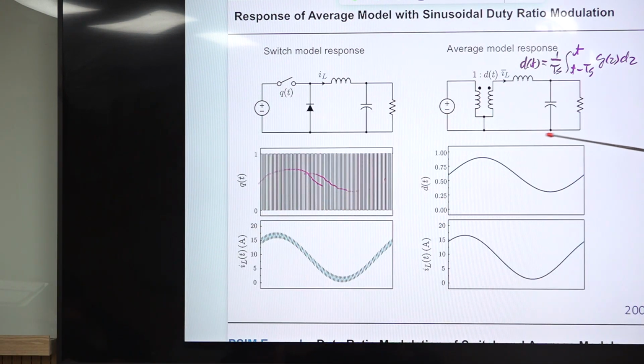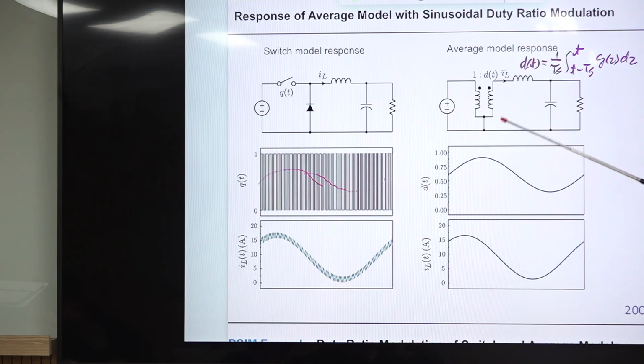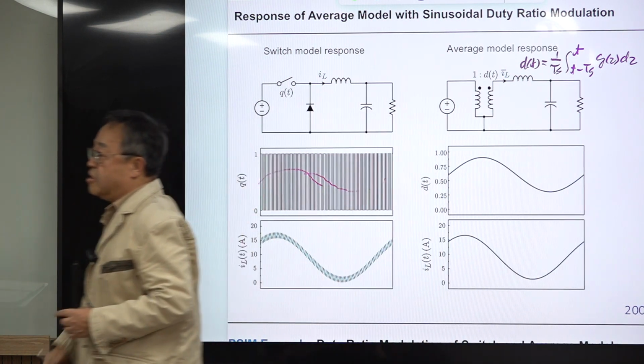And this is the average model. The average model has the same structure, but this PWM switch is replaced with the average model of the PWM switch, which has the shape of an ideal transformer, but this DT is something here. So this is related to this one by this integration, and the integration is performed by looking back at the end of the switching period. I explained that in great detail in the previous lecture slide.